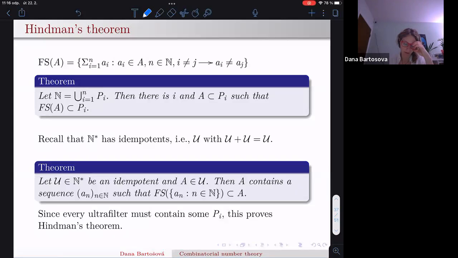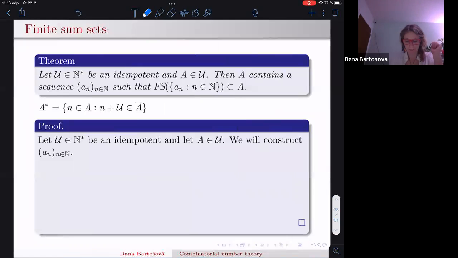And it turns out that this actually tells us what sets idempotent ultrafilters are built out of, because it also goes vice versa: a set is in the idempotent if and only if it has such a sequence. Okay. So now again, because an idempotent has to choose one of the pieces, this is what proves the theorem. So we will prove this version right away.